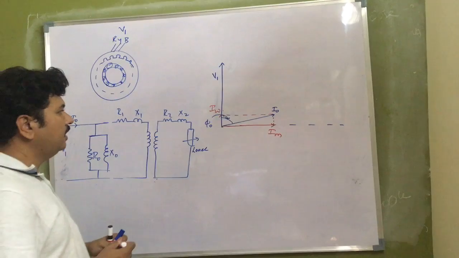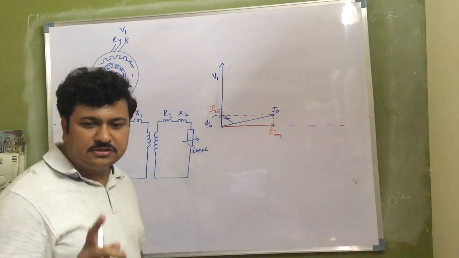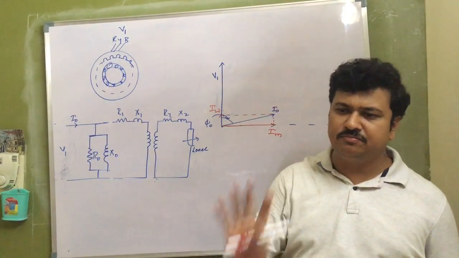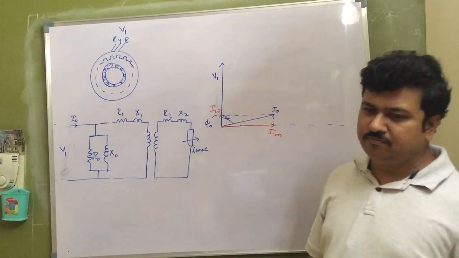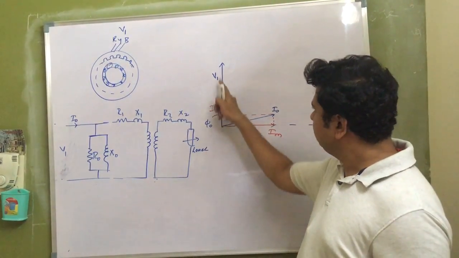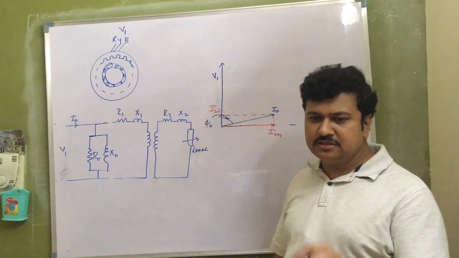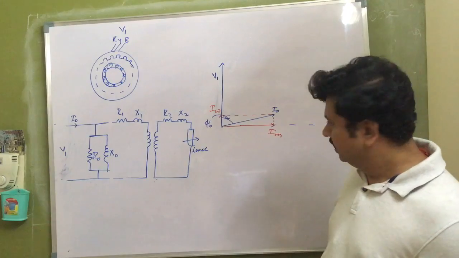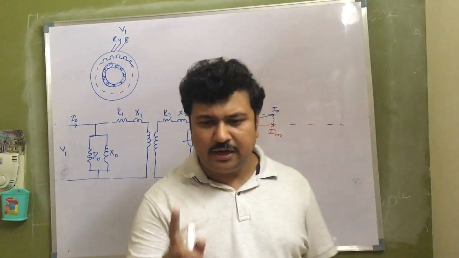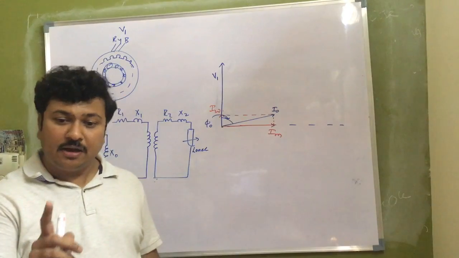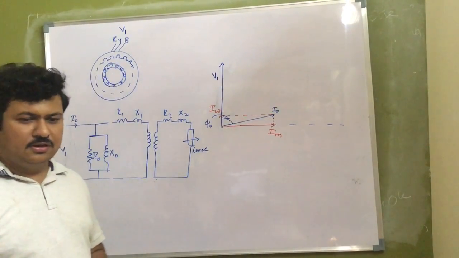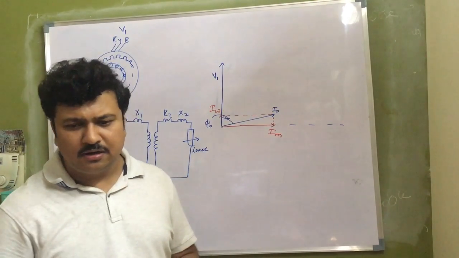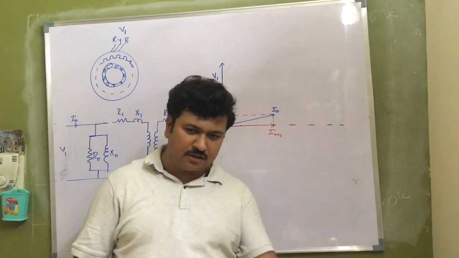Any current that is in phase with the voltage is the current that is creating losses in the system. Please remember this. Hence it is called the loss current, loss component. The current that is exactly 90 degrees from the voltage is creating magnetization, and that is called the magnetizing current. And the flux that is created by any current will always be in phase with that current.